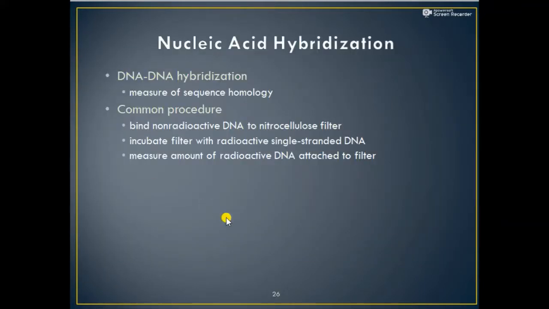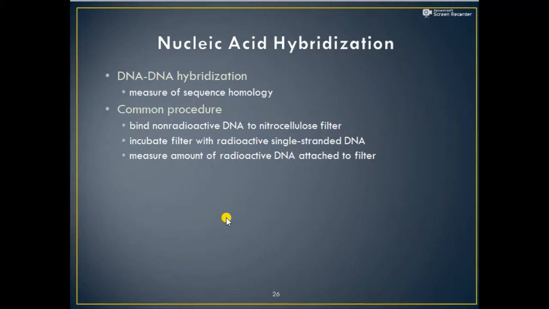The second type of molecular method which we have is the nucleic acid hybridization method. Now, what is nucleic acid hybridization? It is a DNA-DNA hybridization technology. Here we mainly check the sequence homology, or the sequence similarity based association, between the organisms.